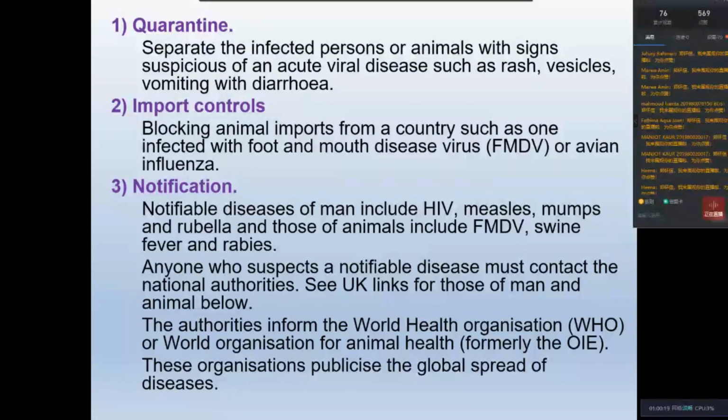So this is isolation. And if there is some village with infected cases, we should isolate the village so that the germ, the virus, won't spread out to other people outside the village.